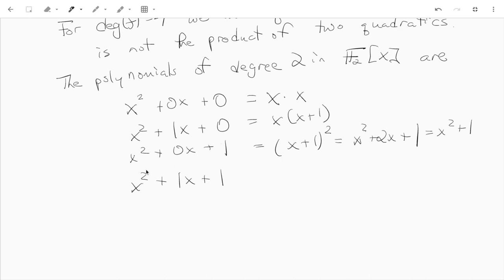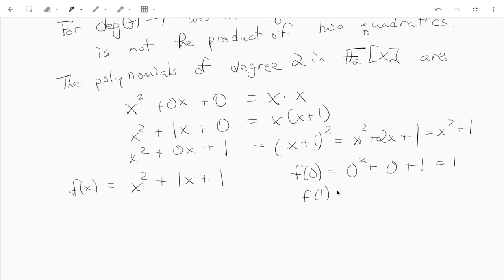Okay, now look at this one. This is our last polynomial of degree 2. If this is reducible, then there are no irreducible polynomials of degree 2. But we just check, does it have a root? So let's call this f of x. If I plug in f of 0, I get 0 squared plus 0 plus 1, that's 1.